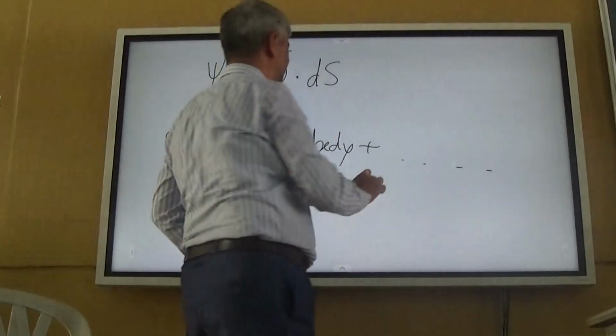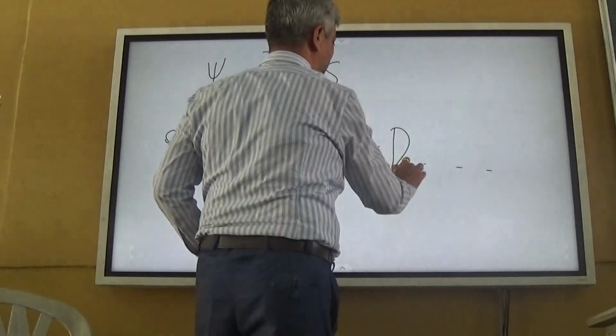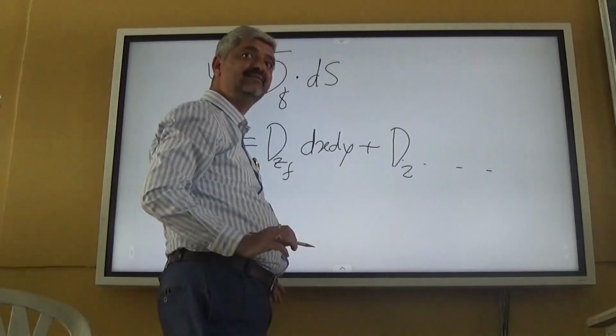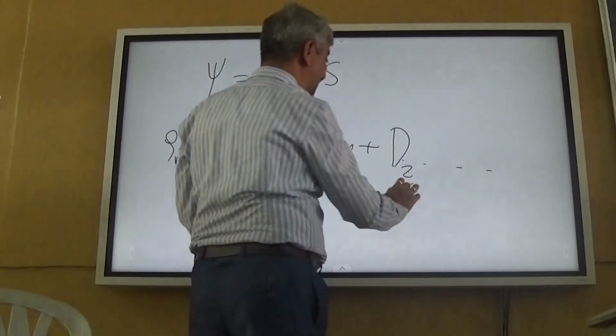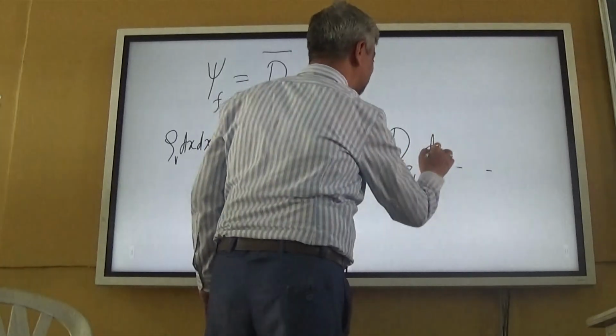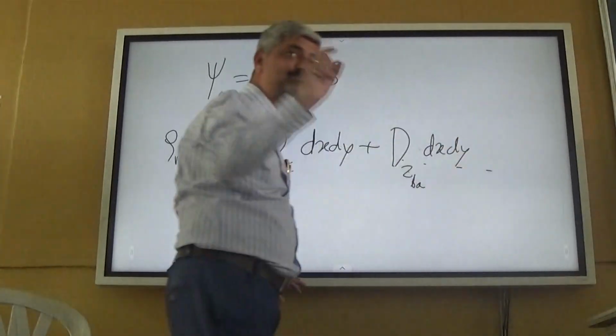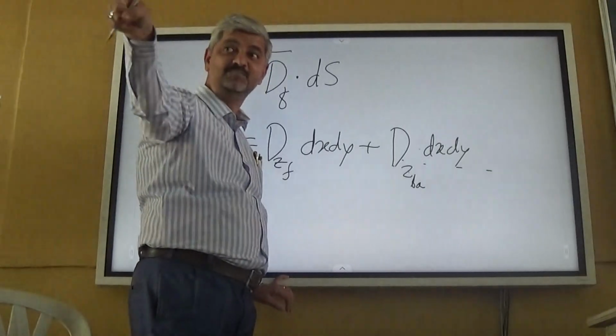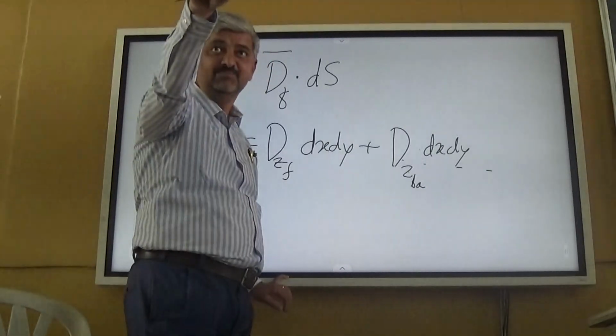पण लगेच बॅक घेऊया. dz back into dx dy. एक थोडा फरक आहे. काय त्यात आहे? निगेटिव्ह, राईट? बरोबर आहे का?